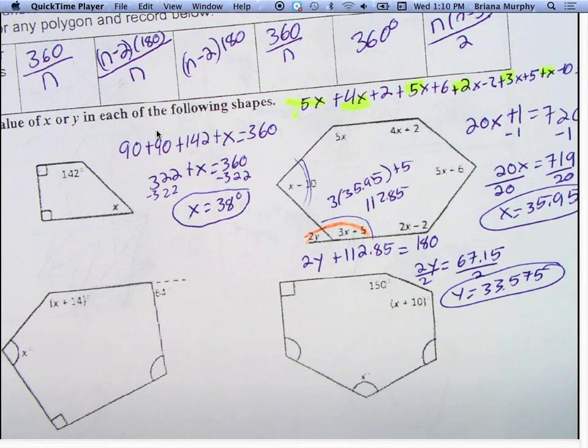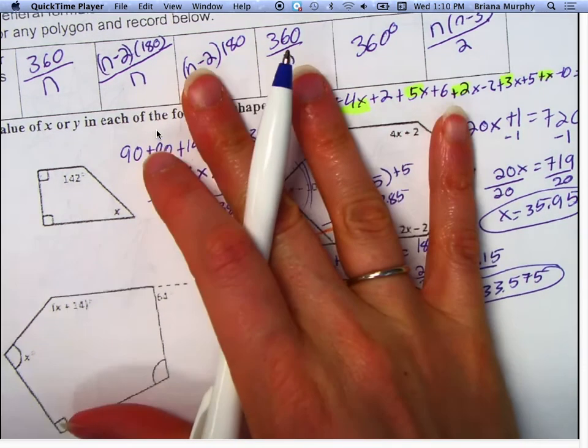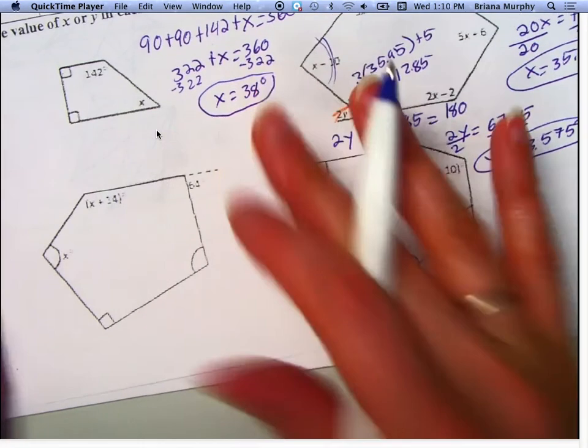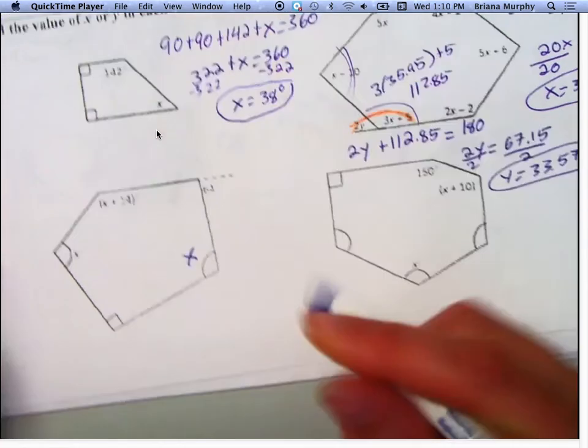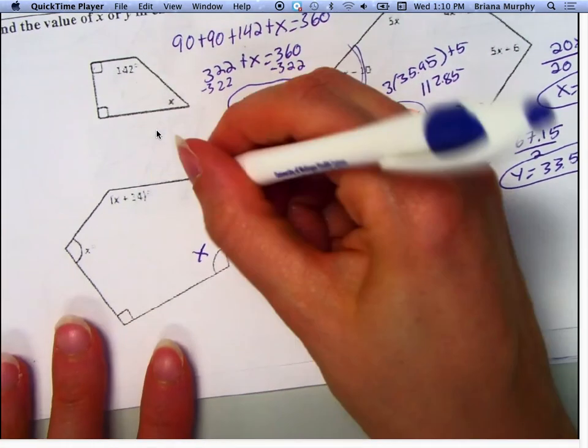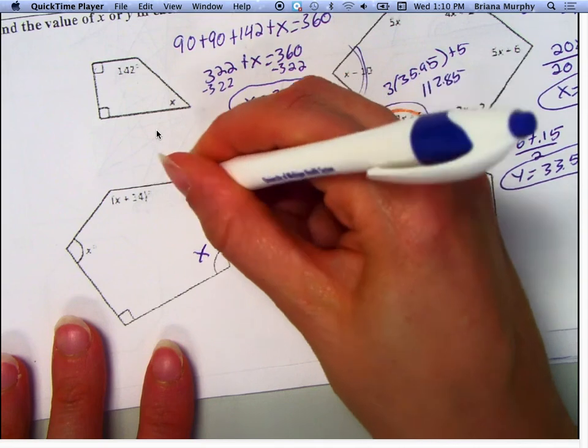So, ladies and gentlemen, we are going to look at this one down here. We agree that these two are x's, right? But the problem is we need to know what this angle is right here.